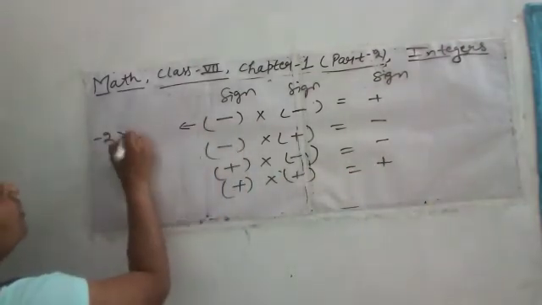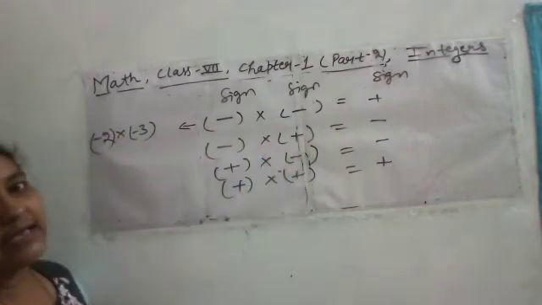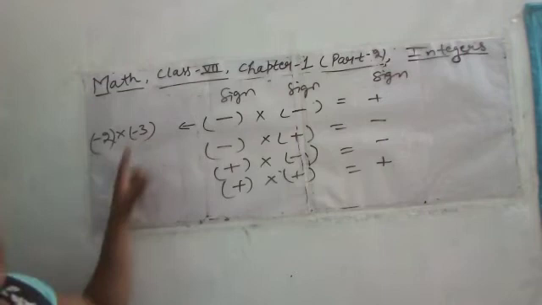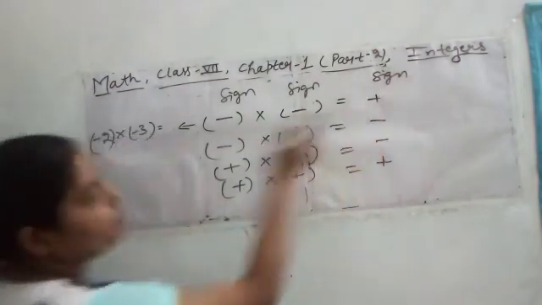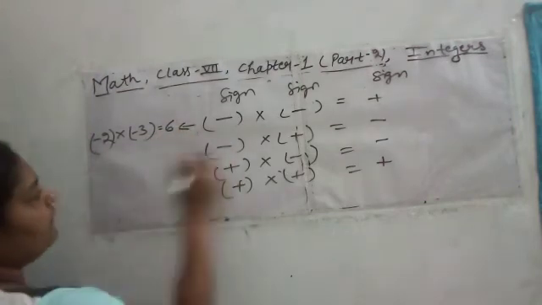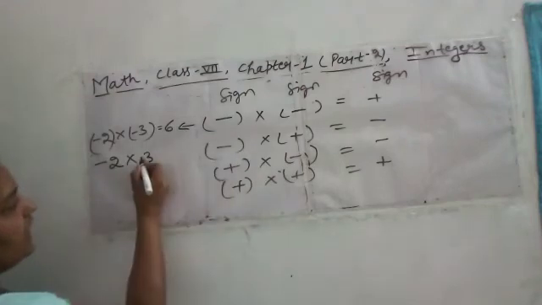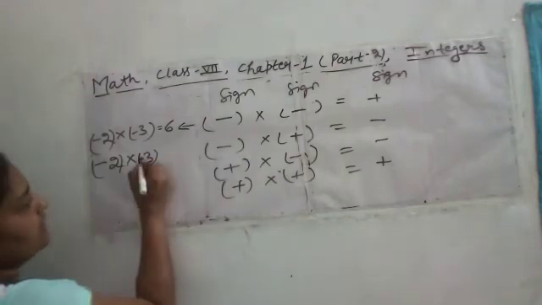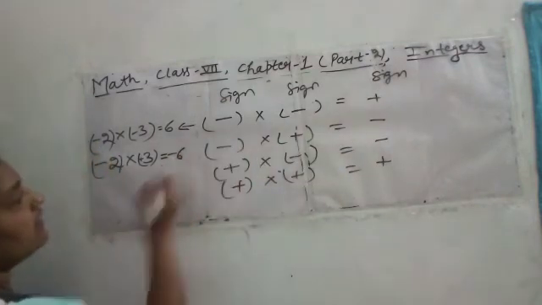Minus 2 multiplied by minus 3. If both numbers are of minus sign, here also minus, here also minus, then in the calculation the sign will be plus. Minus and minus is plus; 2 times 3 is 6. If one number is minus and one is positive, here no sign, which means it is plus, then in the calculation we will get a minus sign.